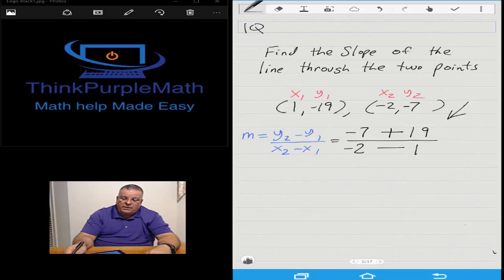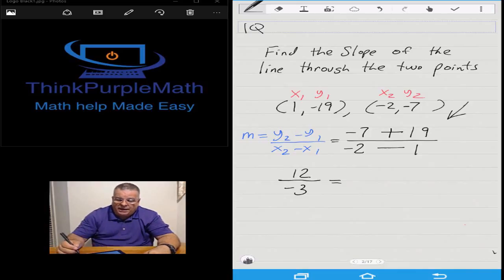So now we do our arithmetic. Negative 7 plus 19 is positive 12, and negative 2 minus 1 is negative 3, and 12 divided by negative 3 happens to be negative 4.